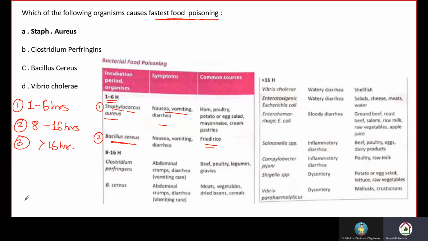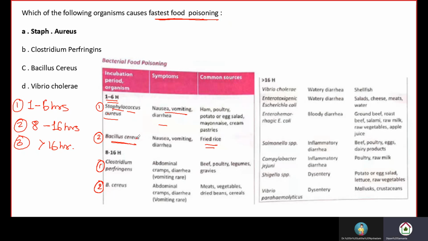Very, very important. If the food poisoning occurs between 8 to 16 hours after the meal, then the organism can be Clostridium perfringens or Bacillus cereus again.